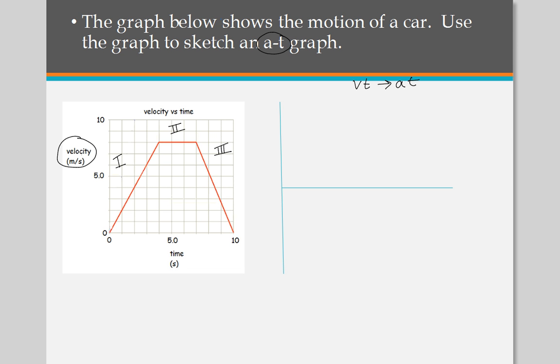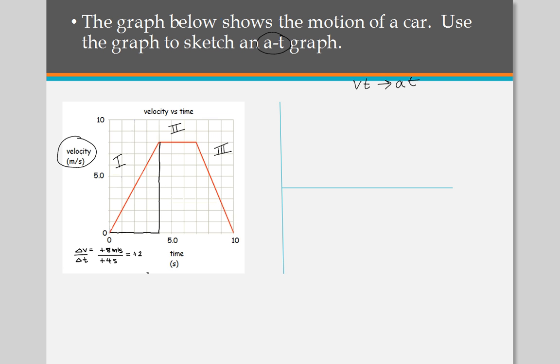My zoom is not working. I'll have to figure that out later. But I'm going over 1, 2, 3, 4. And how much did the y change? 1, 2, 3, 4, 5, 6, 7, 8. So delta v is positive 8 and delta t is positive 4.